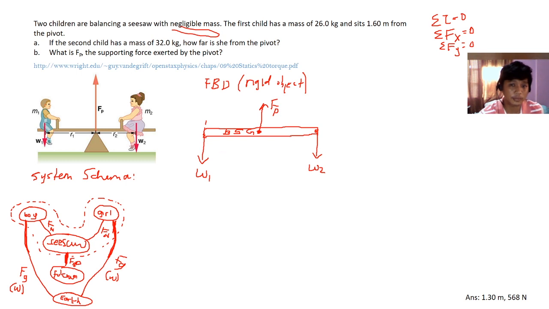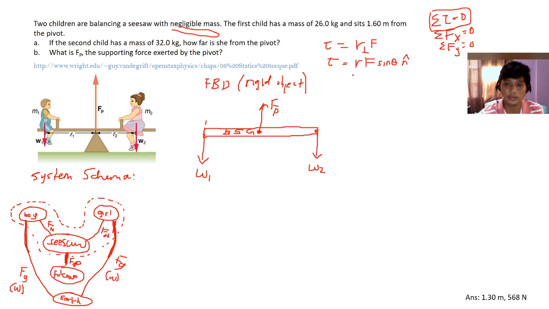So how far is she from the pivot? We are going to start this problem using the equation summation of torques equals 0. And when we are trying to describe the torques in this system, remember that torque has actually several formulas: the moment arm times F, and the magnitude of the angular position times force times sine theta, where theta is the short angle between R and F, and n hat.